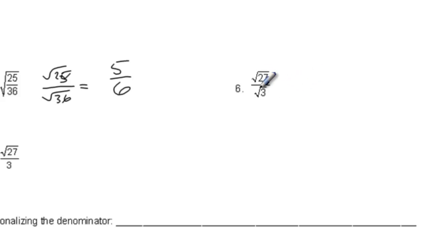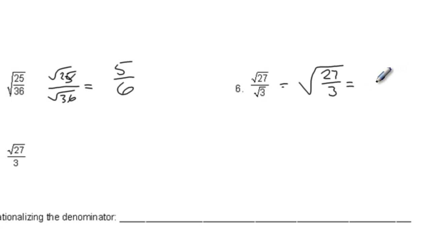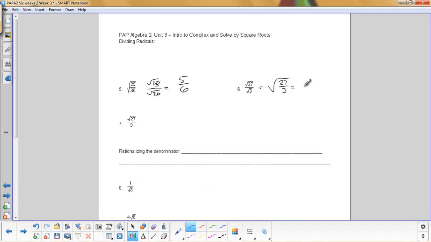Now, before jumping to a conclusion and saying there's a radical in the denominator, rewrite using a single radical and see if it will simplify. If it will simplify, it makes the task a lot easier before you even begin. 27 divided by 3 is 9. The square root of 9 is 3.